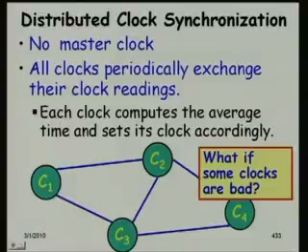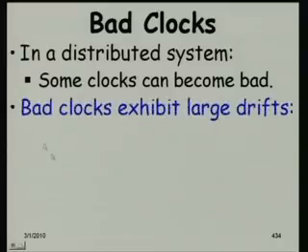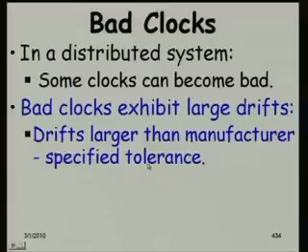Okay. So, the solution he says is not very difficult to handle, that even if after some time some clocks become bad, the bad clocks can be identified by large drifts. So, if it is 5 hour 40 and it has sent a time 6 hour 50, each node will immediately know this is a bad clock, and they can eliminate it from computation.